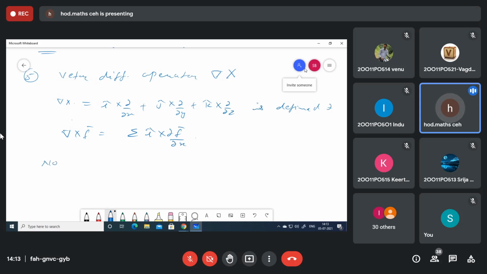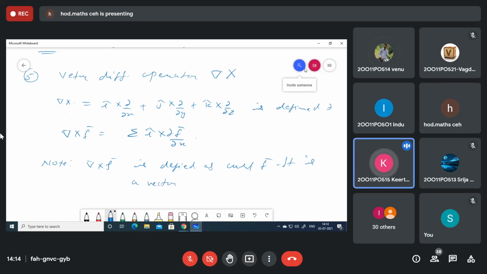Now tell me what does this represent? Del cross f bar. This is curl. This is defined as curl of f bar, and it is a what function? It is a vector function.